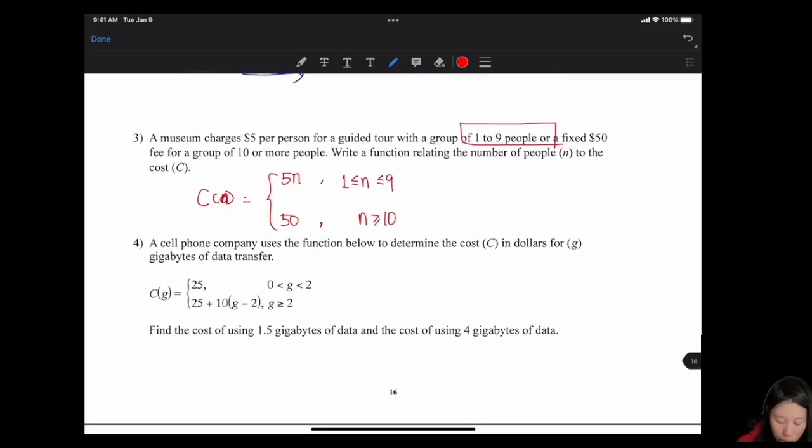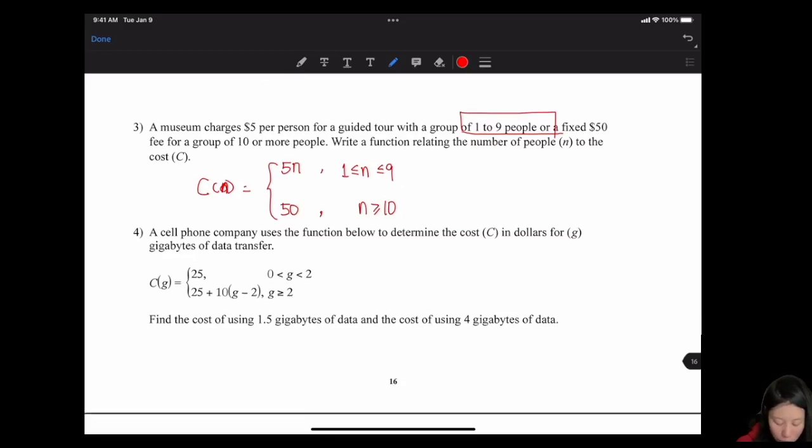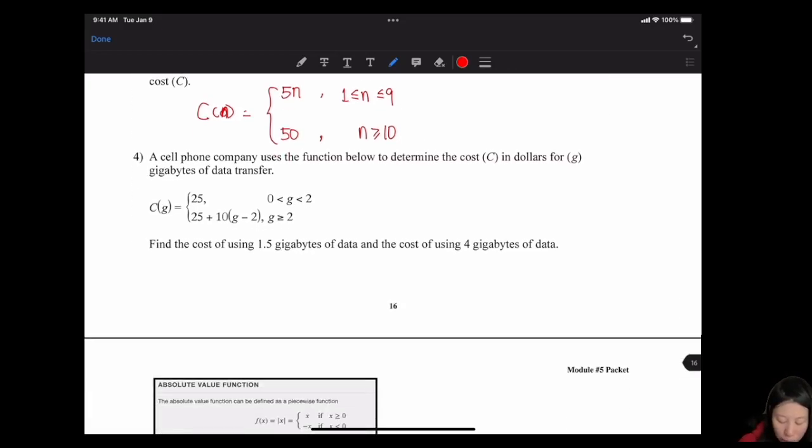Okay, so a cell phone company uses the function below to determine the cost in dollars for gigabytes of data transfer. When the gigabytes are between 0 and 2, it costs $25. If you use more than 2 gigabytes, the charge is going to be $25 plus 10 times whatever the extra is.